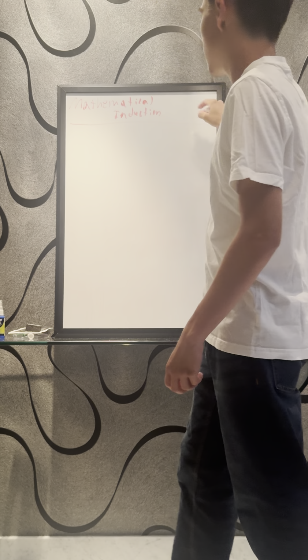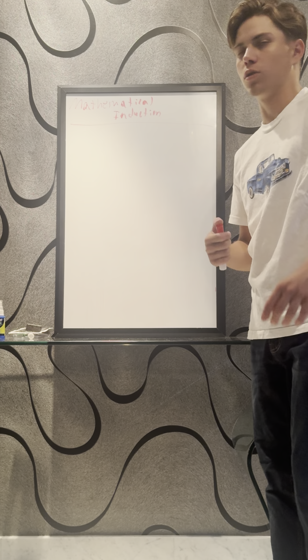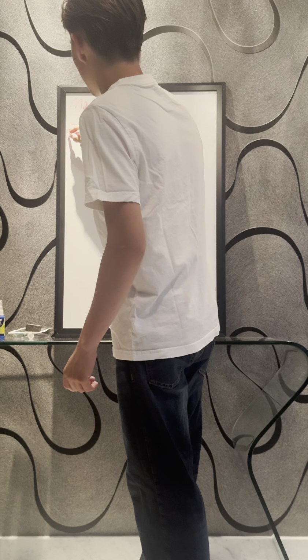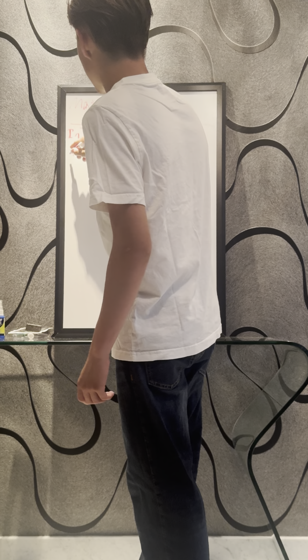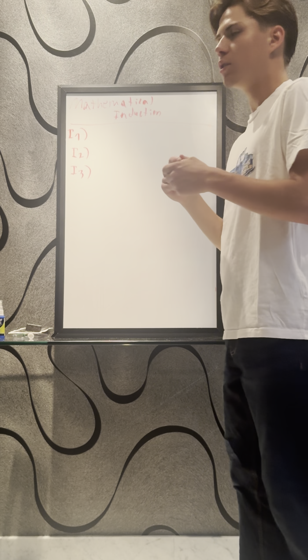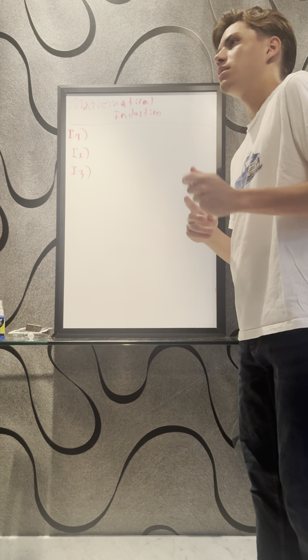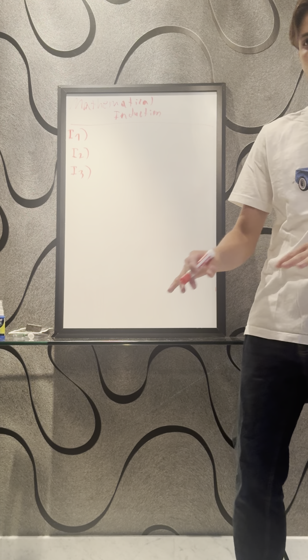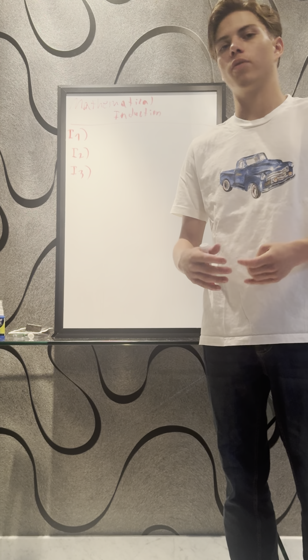Mathematical induction is a method to prove things across the natural numbers, and it has 3 steps. I'm just going to call them I1, I2, and I3. I1 is our base step. When you're using mathematical induction, you're proving something on the set of natural numbers: 0, 1, 2, 3, 4, 5, 6, and so on.